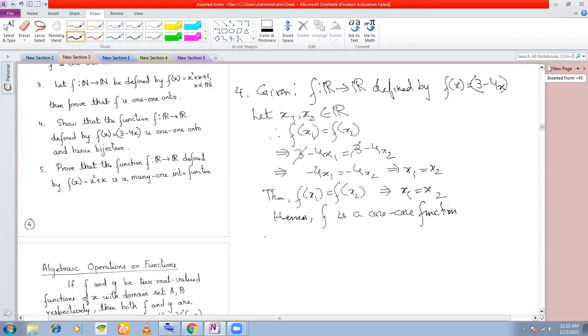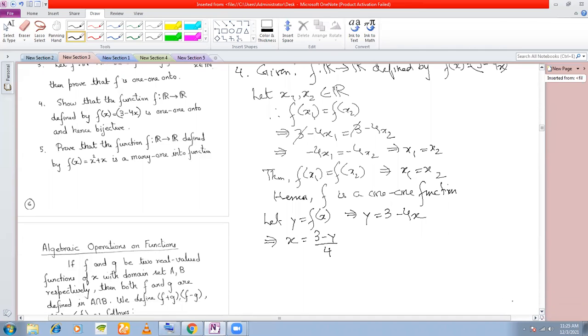How do you show that f is surjective? Let y is equal to f(x). That means y is equal to 3 minus 4x. Find out x in terms of y. So if you find out x in terms of y, it will be 3 minus y by 4. So for every y belonging to R, will you get a pre-image? Yes. For every real number y, you will get some real value of x, right?